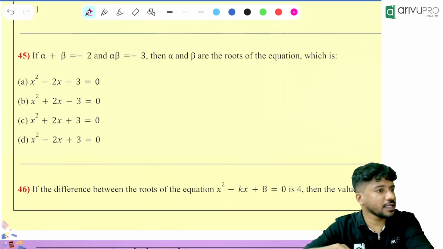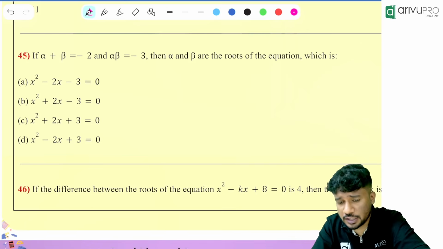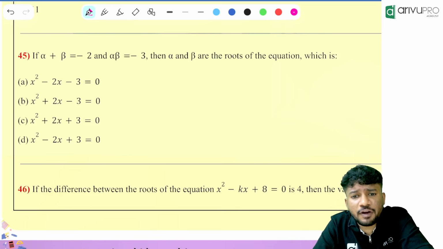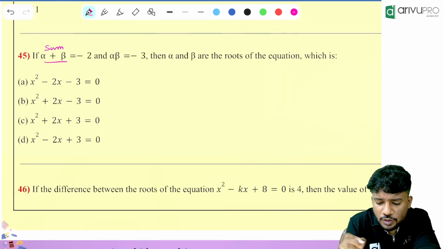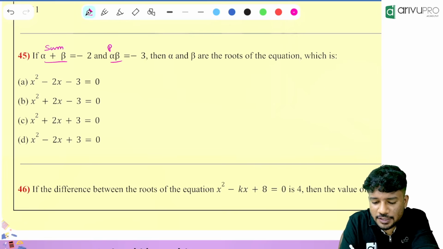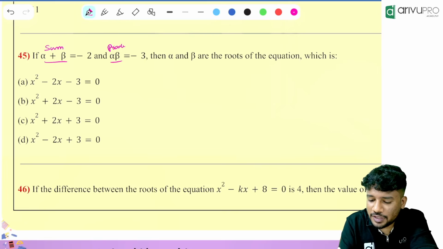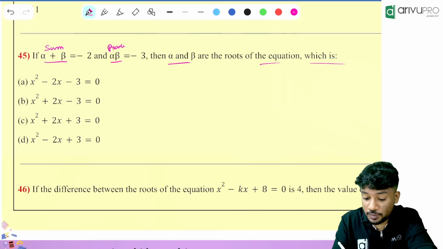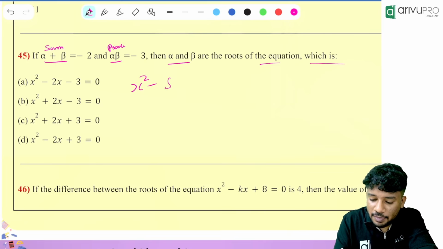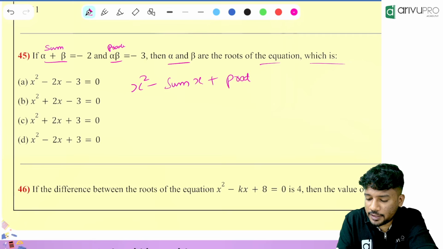Can anyone tell me the answer for this question? 45th question. Direct question. Alpha plus beta is minus 2. That means the sum is equal to minus 2. Product is equal to how much? Minus 3. Then alpha and beta are the roots of the equation, which is what? What is the general way of writing the quadratic equation, people? X square minus sum of the roots into x plus product of the roots, which is equal to 0.